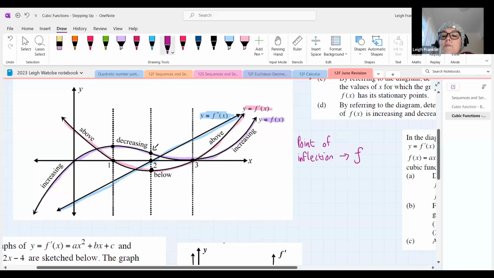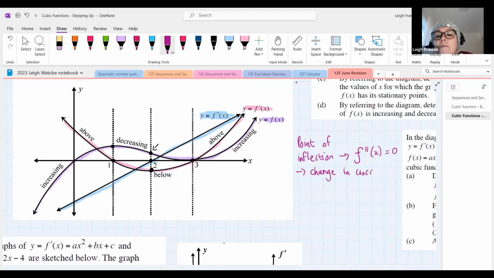So at the point of inflection, there we go, Lebogang, we have a change in concavity. All right, so f double prime x is equal to 0 at our point of inflection. Okay, this is the point at which the graph changes from being concave down to being concave up. Okay, so this is where we get a change in concavity.